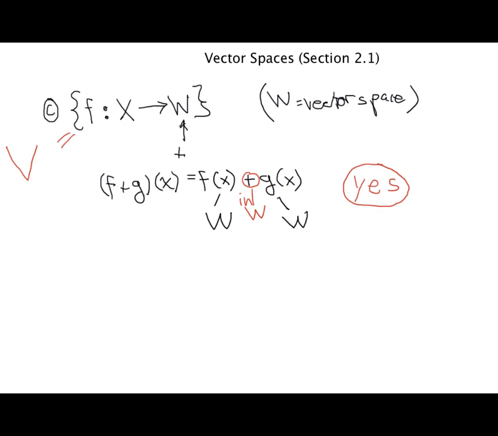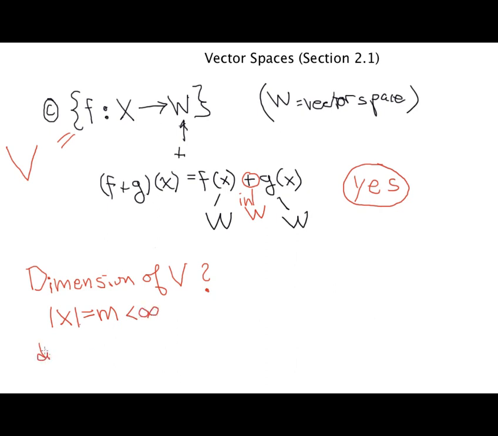So one final word about this. What's the dimension of V? Well, this is getting way ahead of ourselves, but I can say a few words about it, and we'll come back later. Suppose that X is finite. So suppose that the number of elements of X, which is just a set, is some finite number, m.